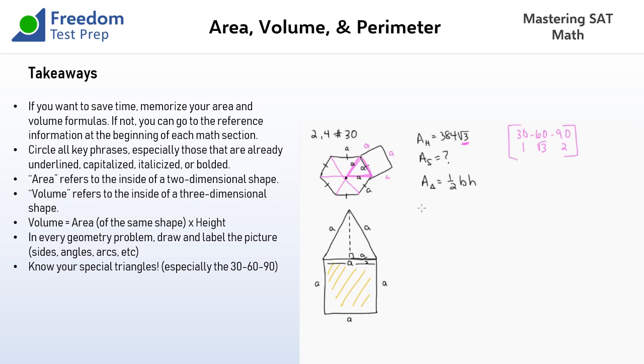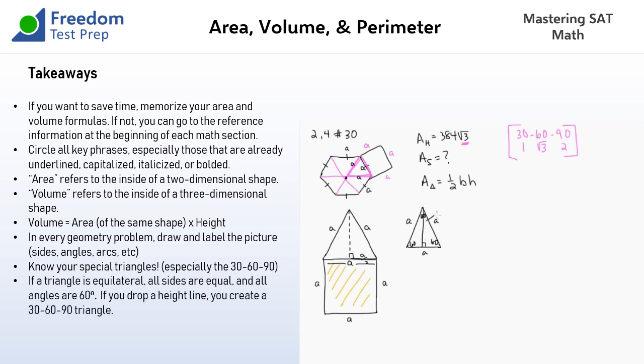Well, I'll just draw it over here. When you have an equilateral triangle, as we do, right? Every side is A. So this is equilateral. That means that all your angles are 60 degrees. And when you drop a line, you split this angle in half. So that's your 30, 60, 90 triangle.